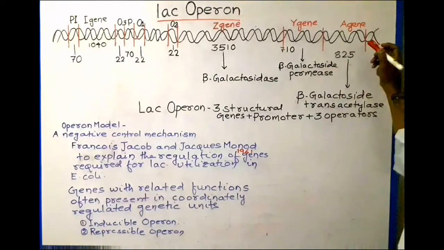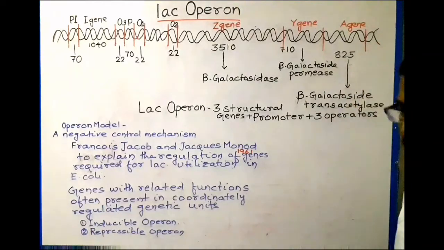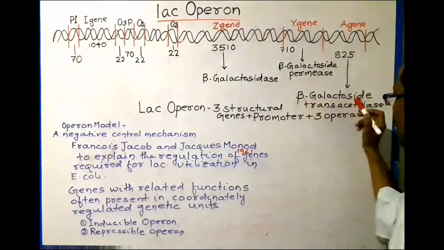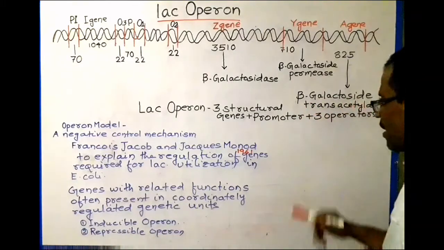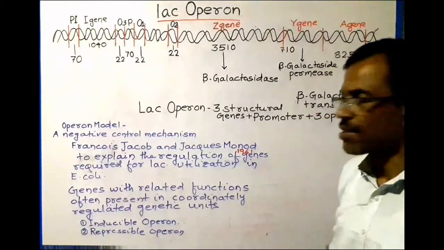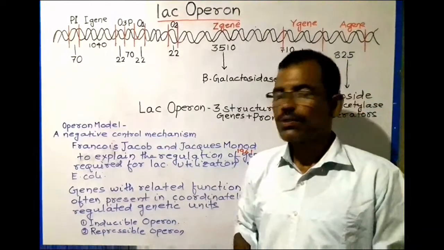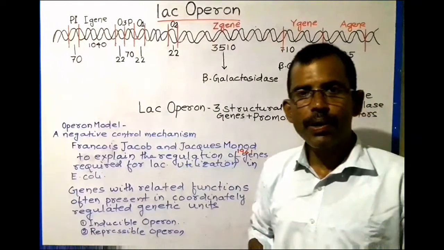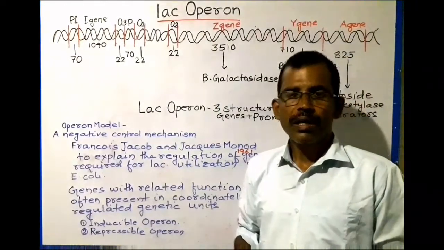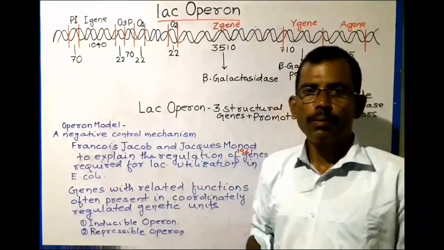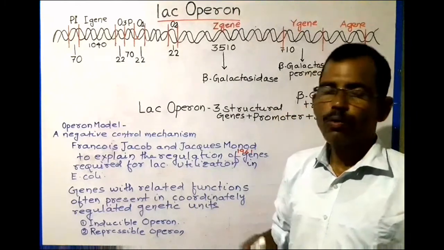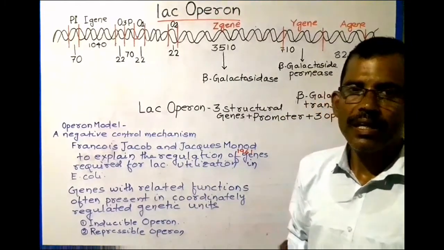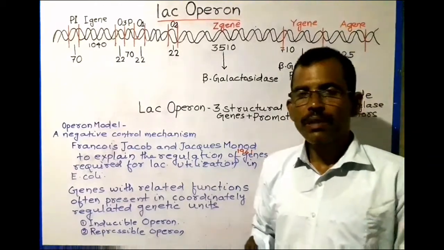And another gene is A gene. A gene encodes an enzyme known as beta-galactoside transacetylase, whose function is not clearly known. So these are the various components of the LAC operon. In the operon model that was proposed by Jacob and Monod, it had only one operator, which is now designated as O1.